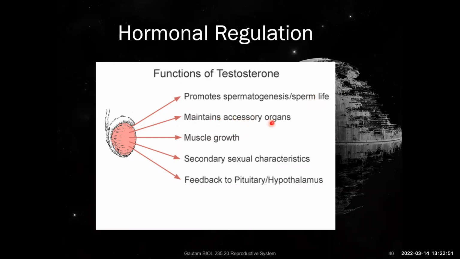It also maintains sexual accessory organs, also promotes muscle growth, namely skeletal muscle growth, again, helps create secondary sexual characteristics, so deeper voice, more hair growing in the axilla and genital areas, bigger bones, right? Thicker bones. And it also has a role in feedback, namely negative feedback back to the hypothalamus and the pituitary gland.